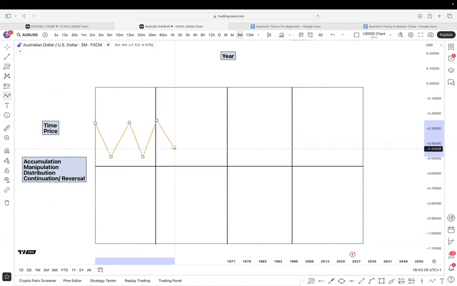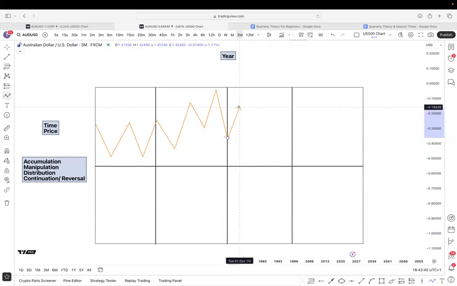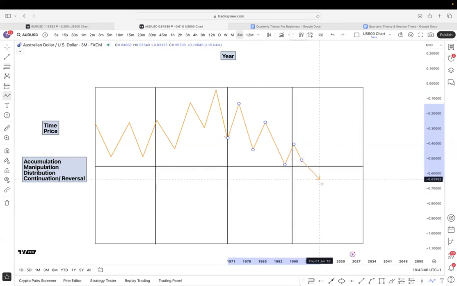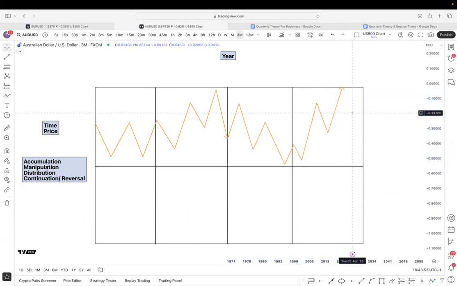We then want to see price in a manipulation phase before then basically approaching the next part where we want to see price distribute back into that level. And then the likelihood is that the next quarter will either continue to the downside, or just for argument's sake, we'll say this has actually caused a massive reversal to take price to the upside.